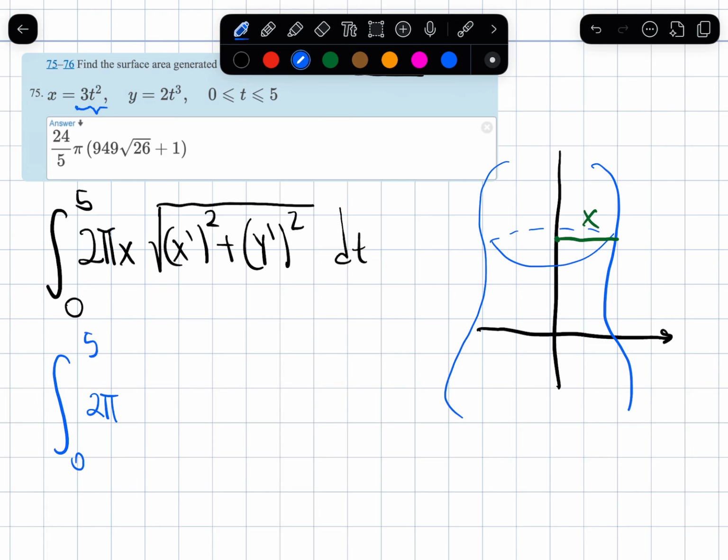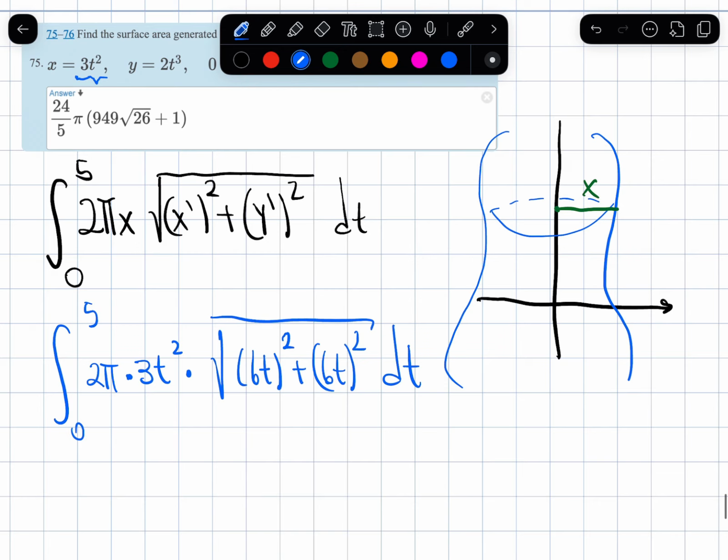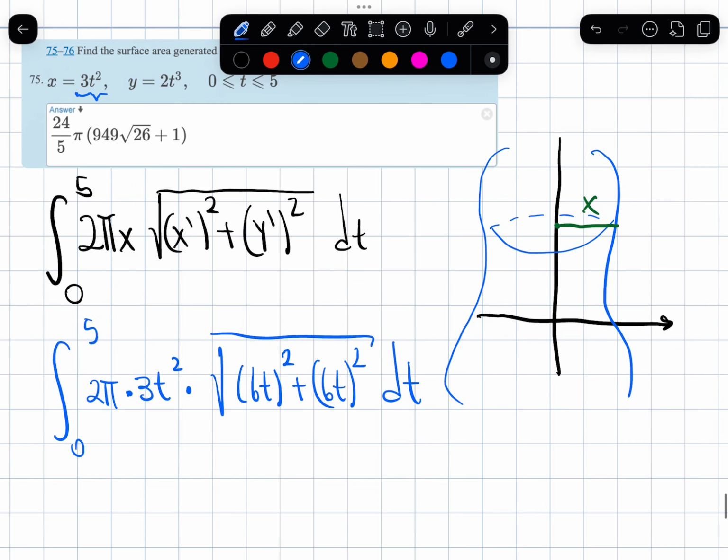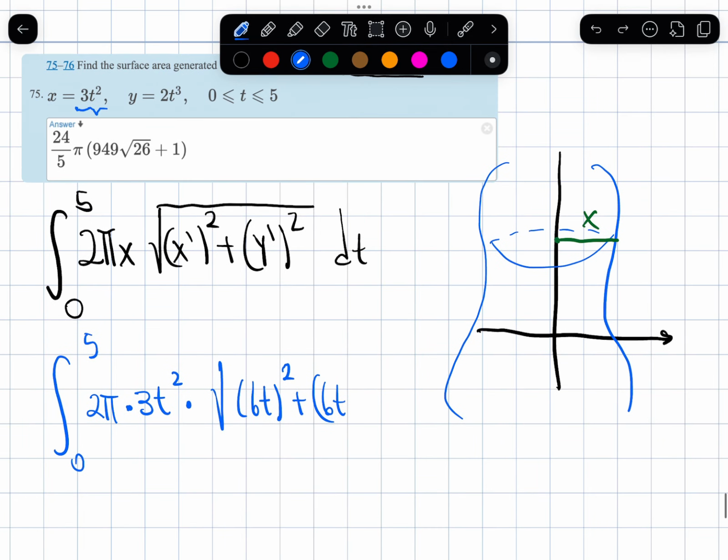x is 3t squared. x prime is 6t, that's squared. y prime is also 6t, that's squared, dt. And that's incorrect, because y is 6t squared.